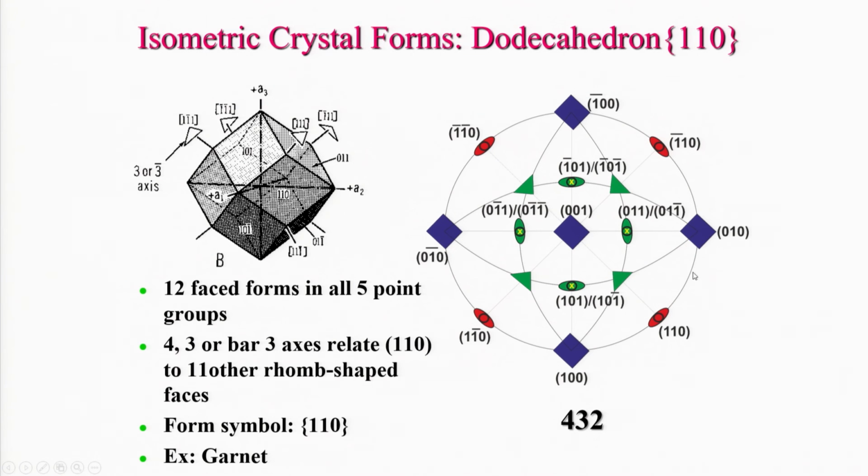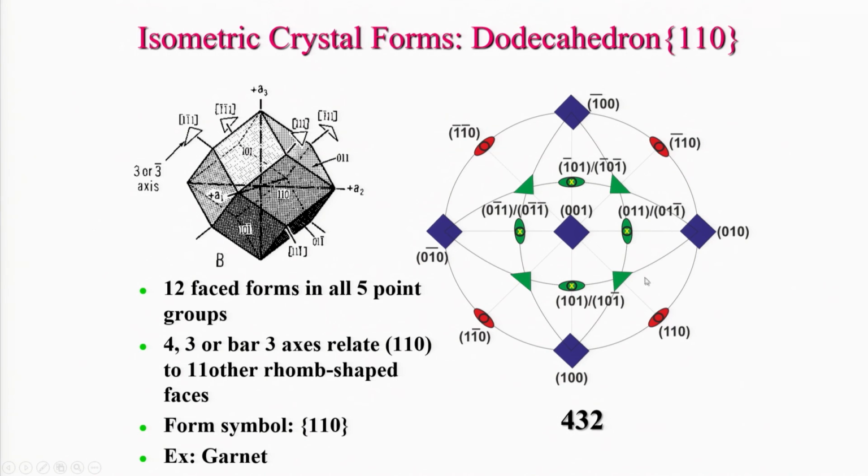The question is where it will lie. It will lie just at the midpoint, because if you draw a 45 degree angle and join this, it will intersect on the periphery of this circle, and it will be this position of 1 1 0, sorry.